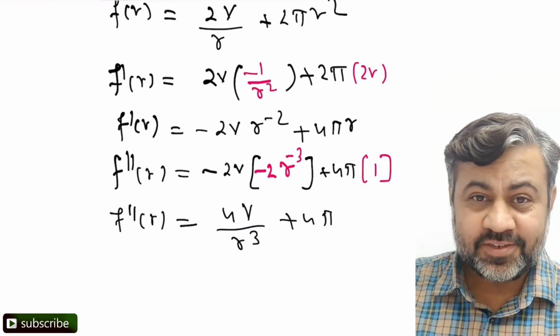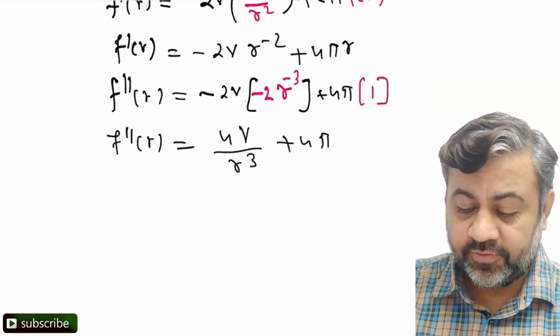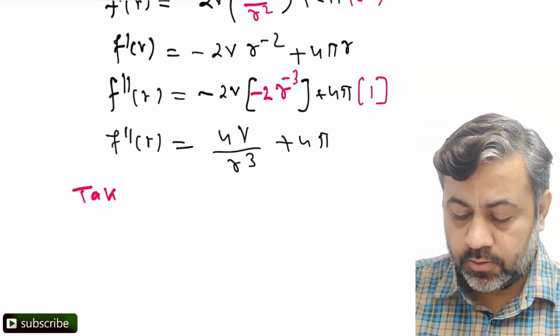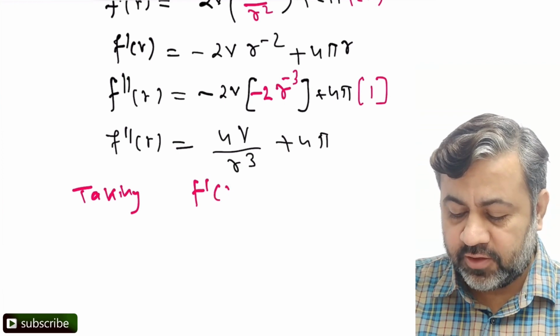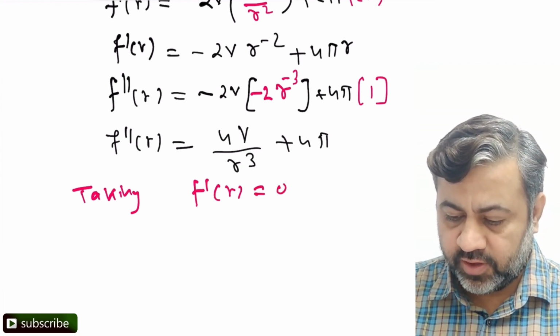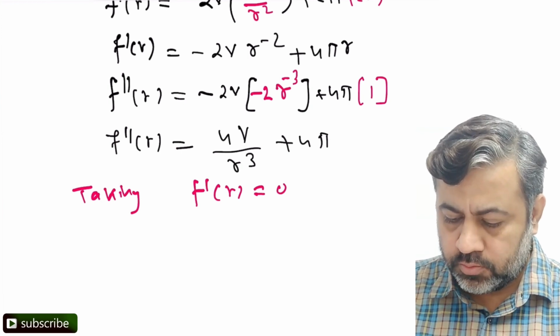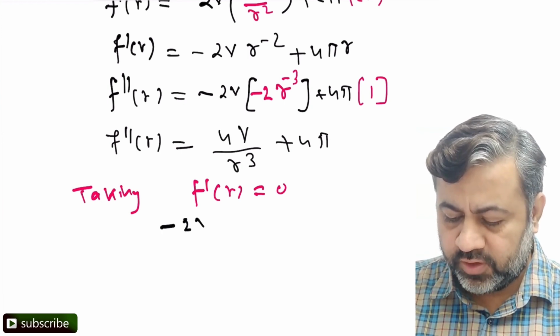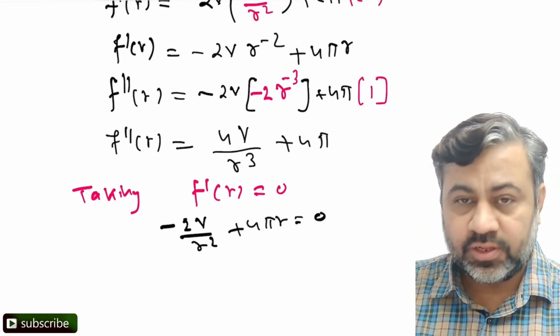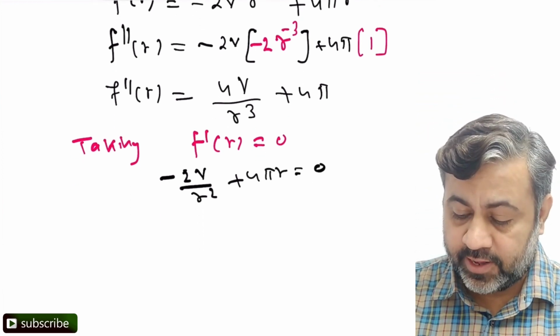So next is step number 4, that is taking f dash of r equal to 0. Now what is f dash of r? We found f dash of r to be equal to minus 2v by r square plus 4 pi r. Now using this, let's find out what value r can have.